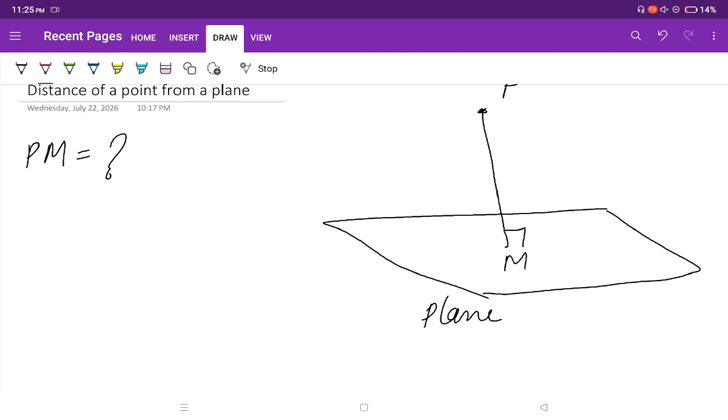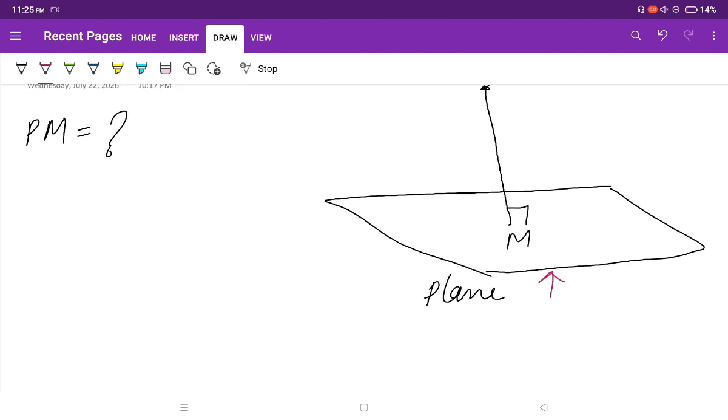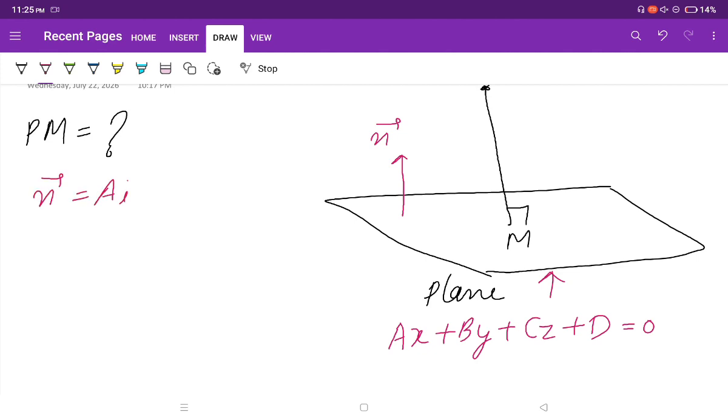So for this, let's first take the equation of the plane as ax plus by plus cz plus d equals 0, where a, b and c are direction ratios of the normal vector. So we have n vector as a i cap plus b j cap plus c k cap.